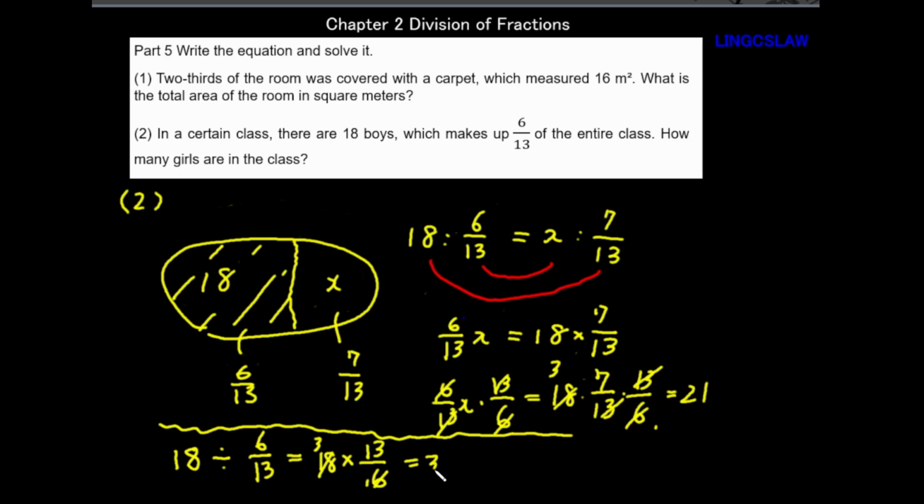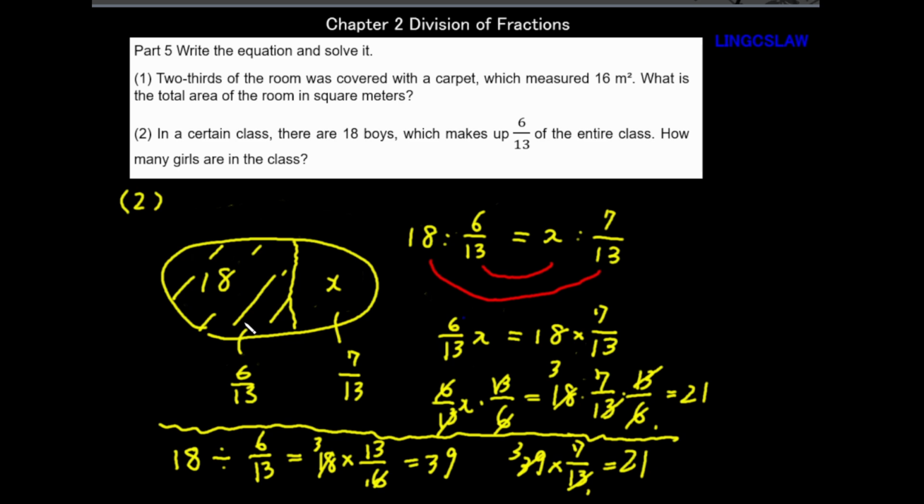So the number of students in the entire class is 39, and the number of girls is 39 times 7/13 equals 21. So we got the same result.